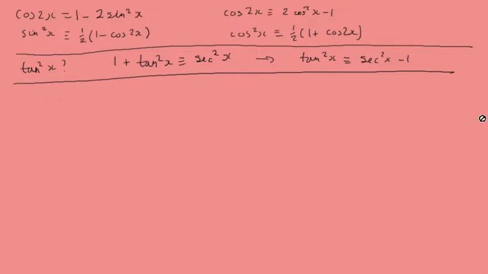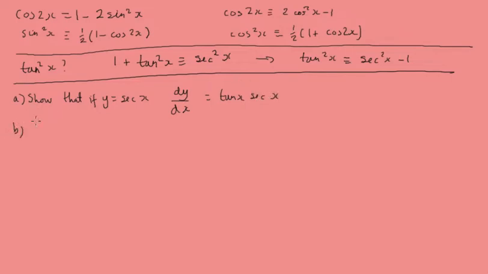Let's do another example. So firstly, we want to show that if y equals sec x, then dy by dx will be tan x sec x.